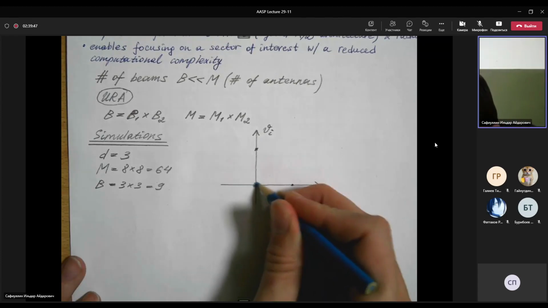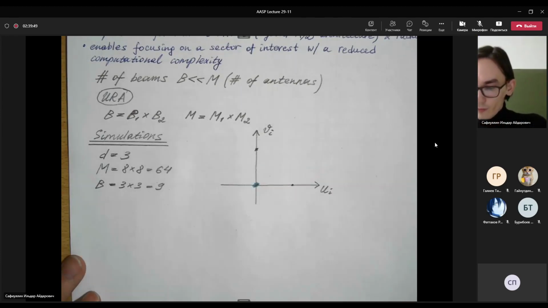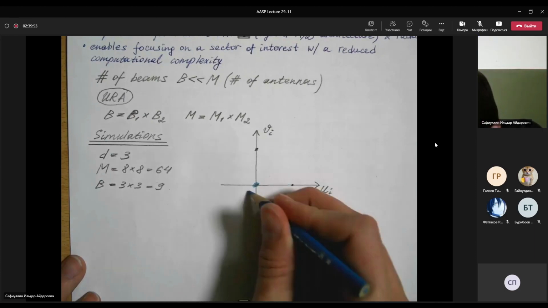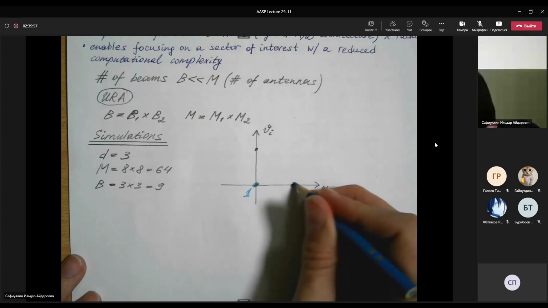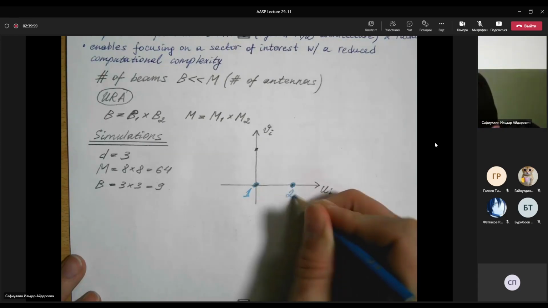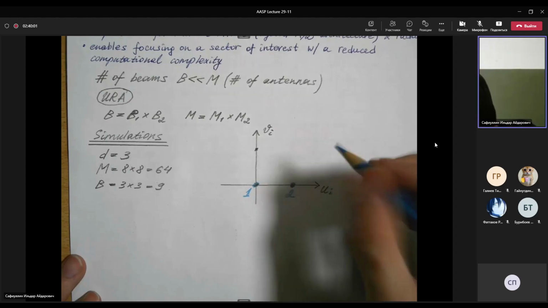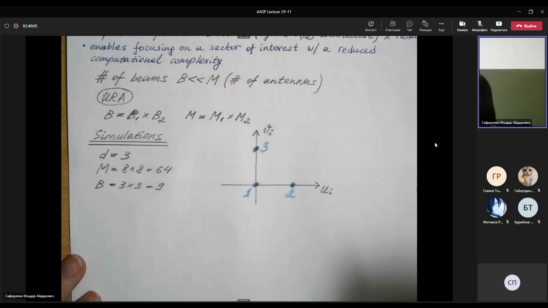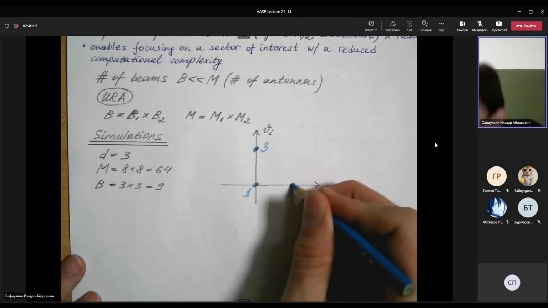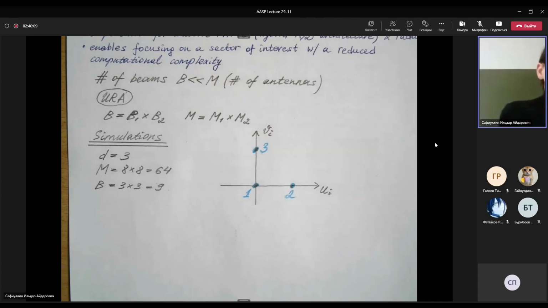And we will have something like this: here we have the signal from source 1, here the signal from source 2, and here the signal from source 3. But why like this? It is a really big question.